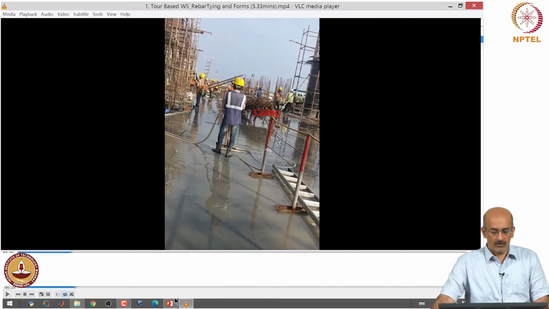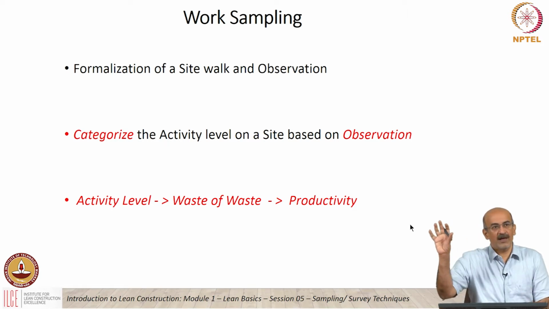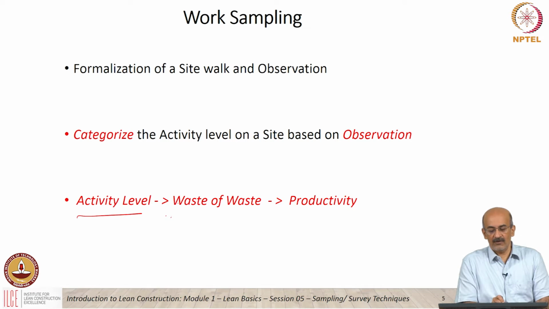Okay, if I now take those observations and make it more formal, I am going to walk on a site and, as you saw, activities being categorized. So, I am going to categorize those activities just as you saw on the video, and we are trying to make this correlation between the activity level, the level of waste and productivity.